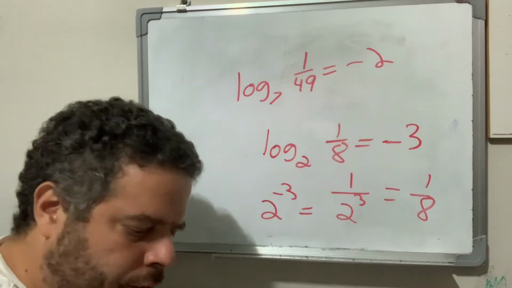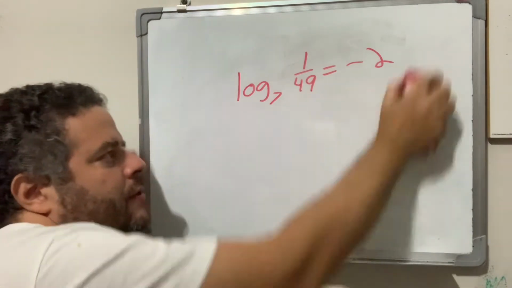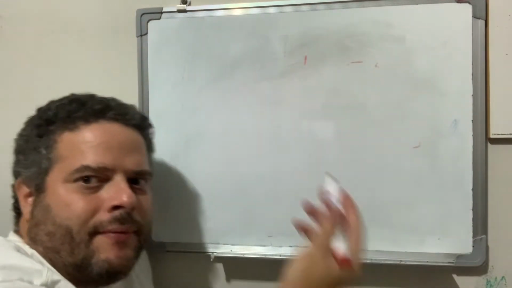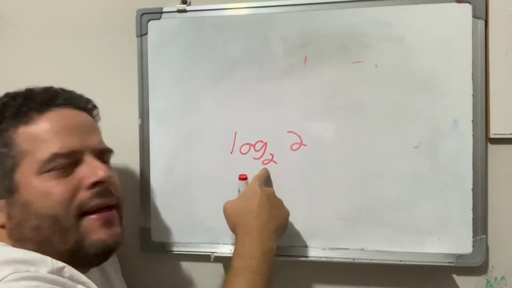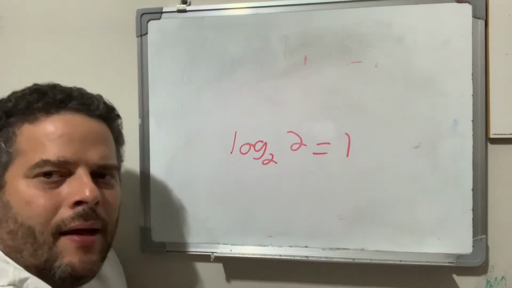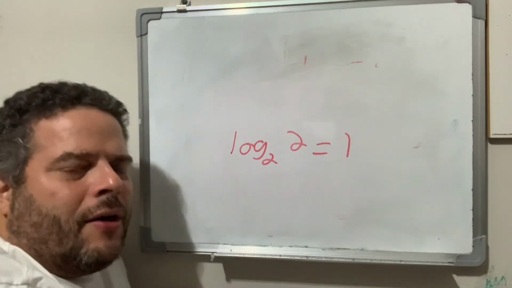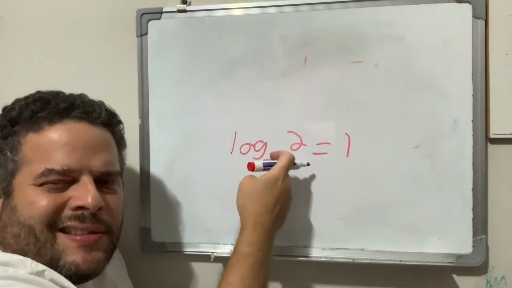Okay, pretty straightforward. And the last one, which is easy, and again, it's going to teach you one of the rules. What number do I raise 2 by to end up with 2? 1. Remember, don't say 0, don't say a crazy number. Any number elevated to the 1st power is itself.